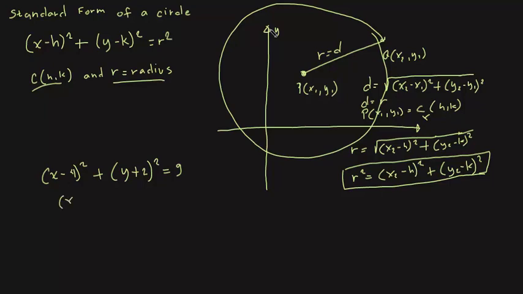If you go back and look at the standard form, it's (x - h)² + (y - k)² = r². So we can see that h is equal to 4, meaning the x-coordinate of the center is 4.